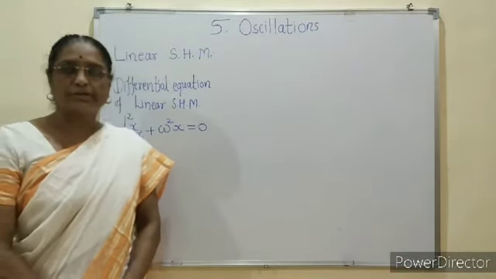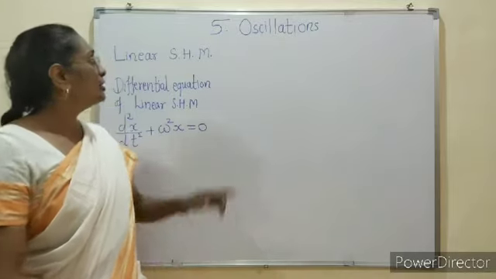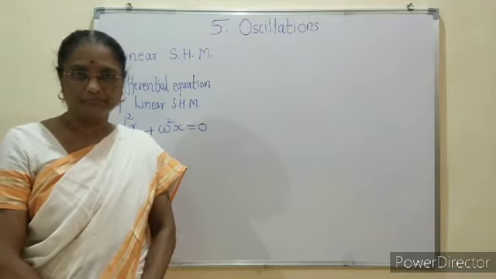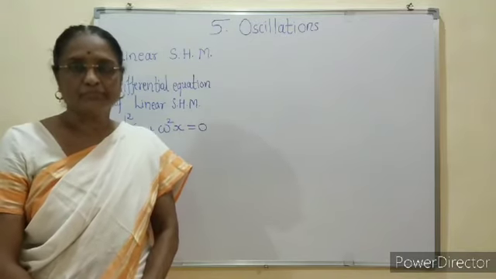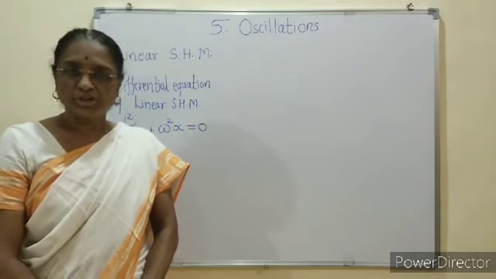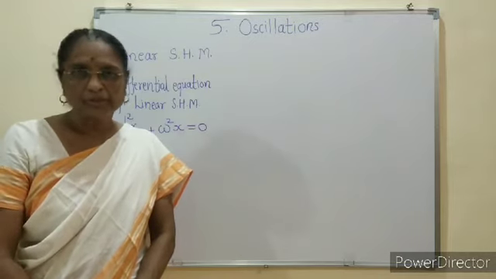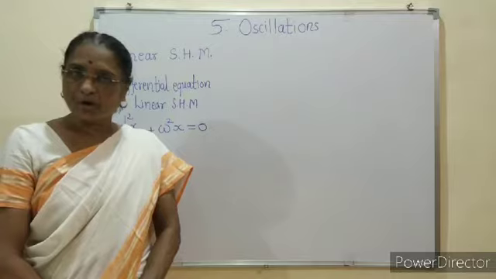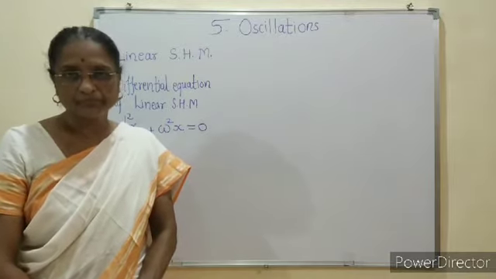Hello students, today we continue the topic of linear simple harmonic motion. In the previous lecture, we studied linear SHM by considering the experimental setup of a spring mass oscillator.